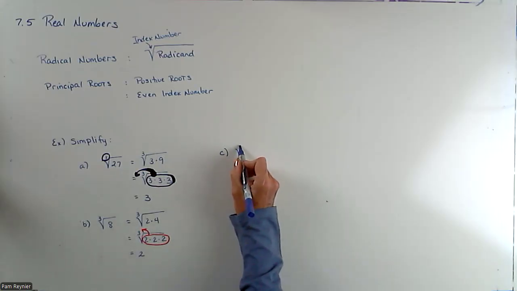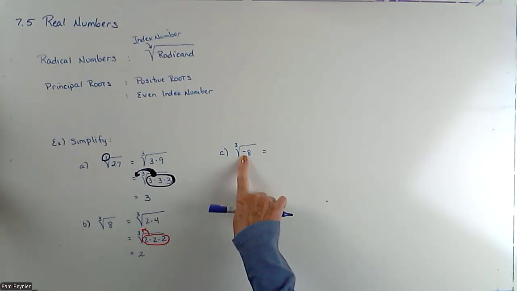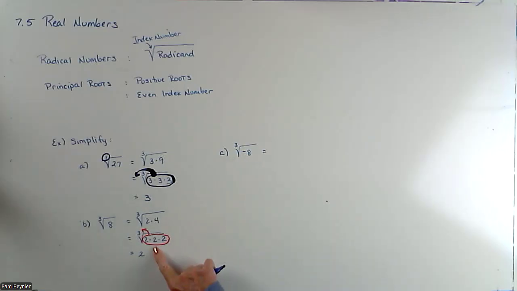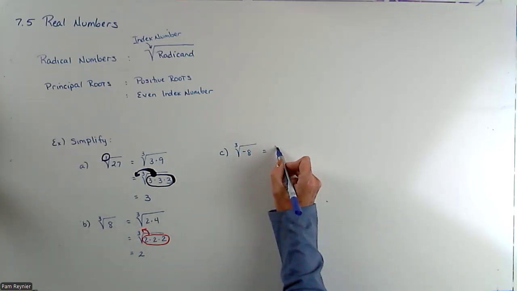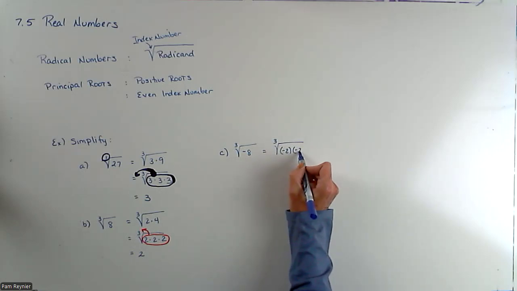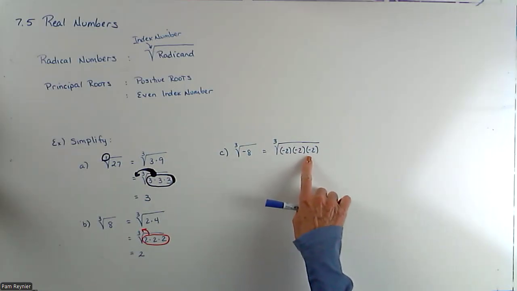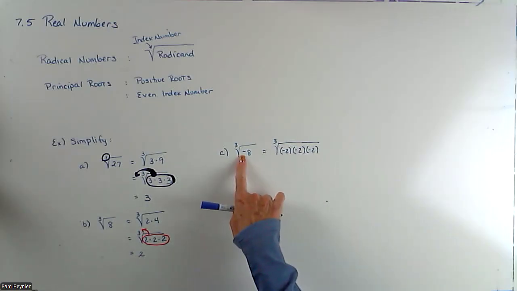But let's say I asked you for the cubed root of -8. Well, I can't have a square root of a negative because a negative times a negative will always give you a positive. But a cubed root, I already know 8 is 2 times 2 times 2. But I could have -2 times -2 times -2 because 3 negatives are still negative.